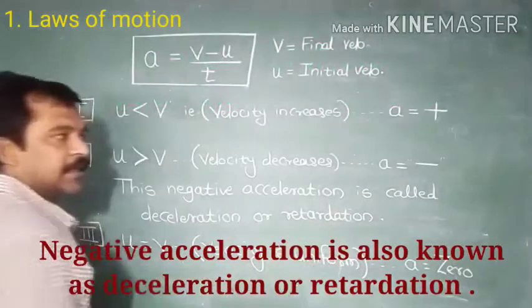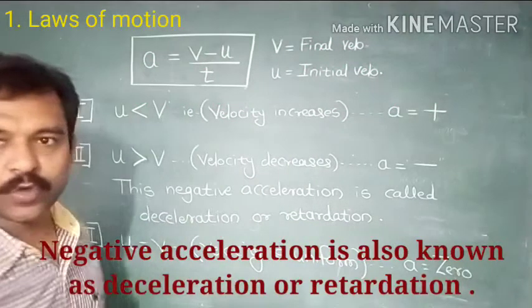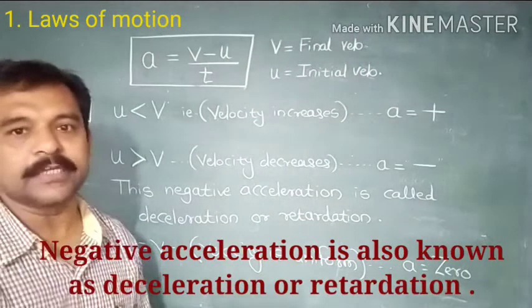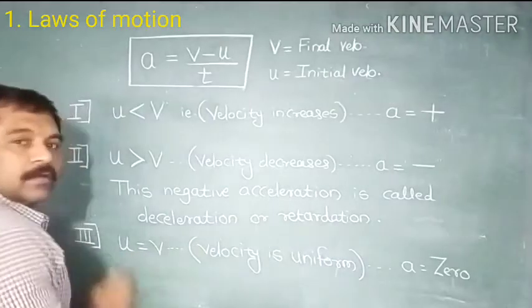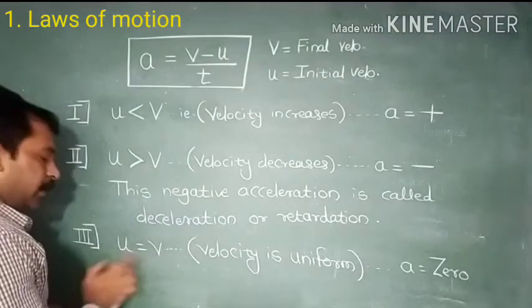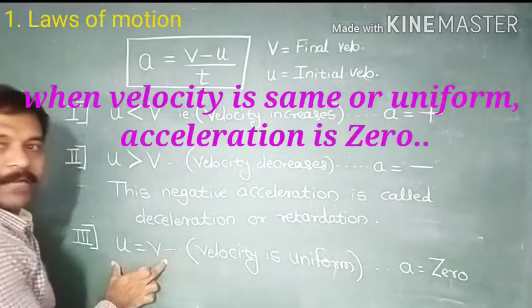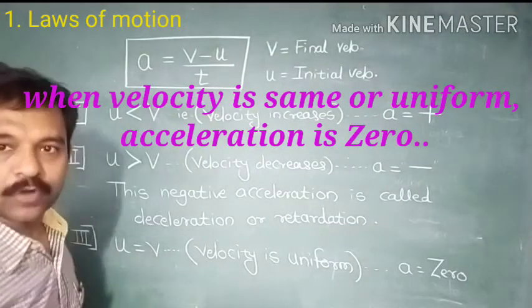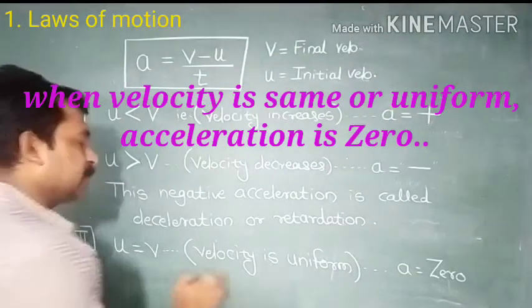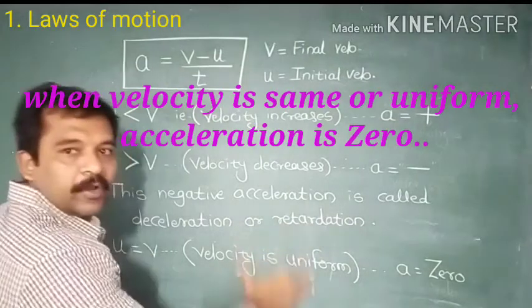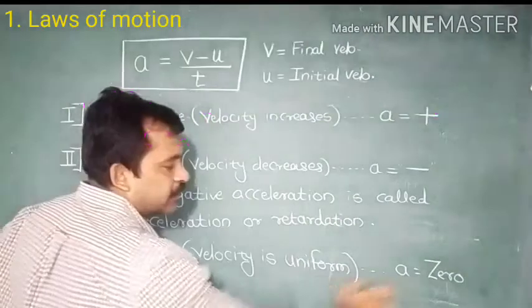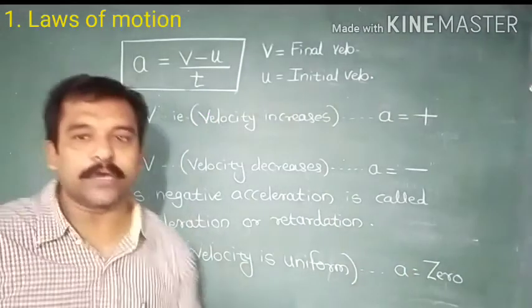Finally, when U and V are the same, that means initial velocity and final velocity are the same, that is, velocity is uniform, velocity is unchanged, in that situation acceleration is zero.